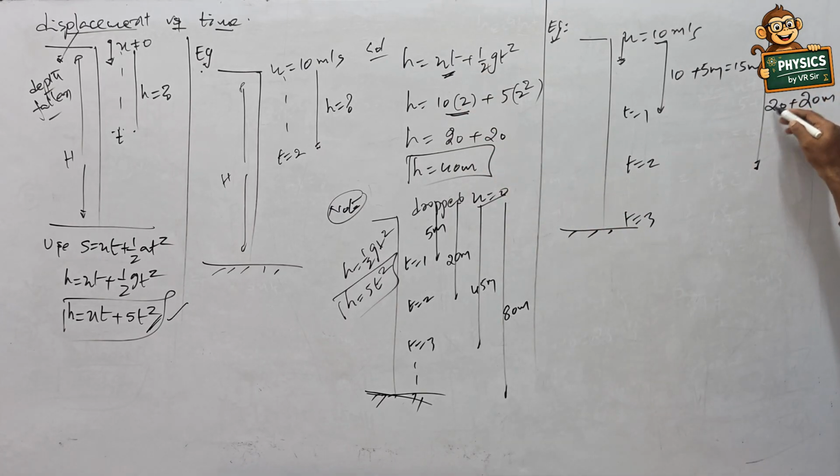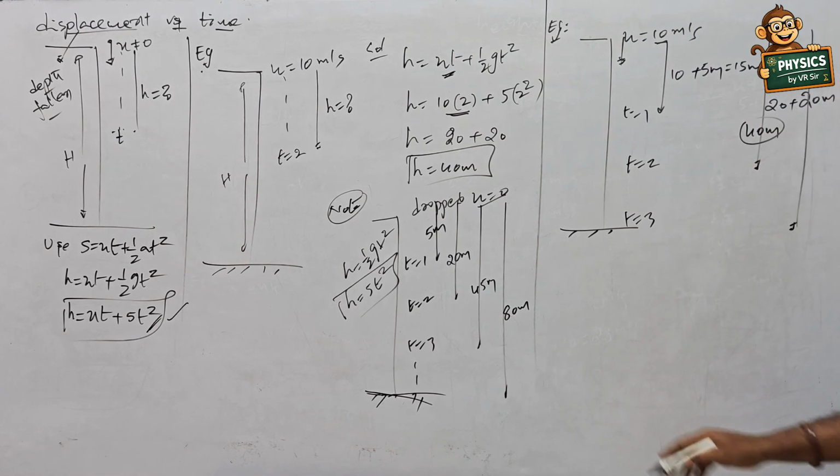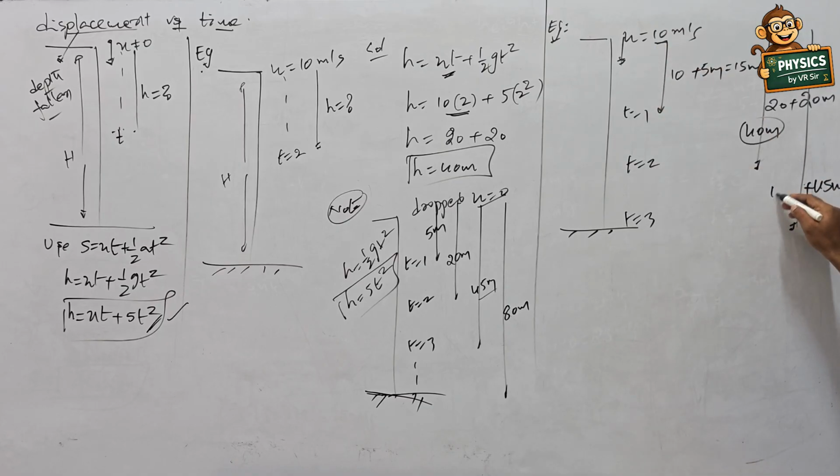So it falls 40 meters. Now in 3 seconds, if it is dropped from some height, it falls 45 meters. You have to add ut, 10 into 3, so you add 30; 45 plus 30 is 75 meters.